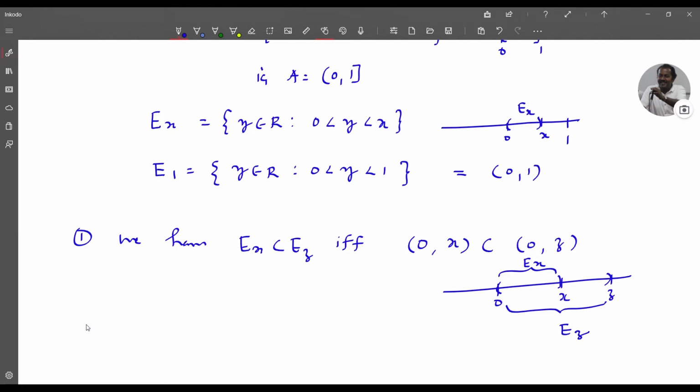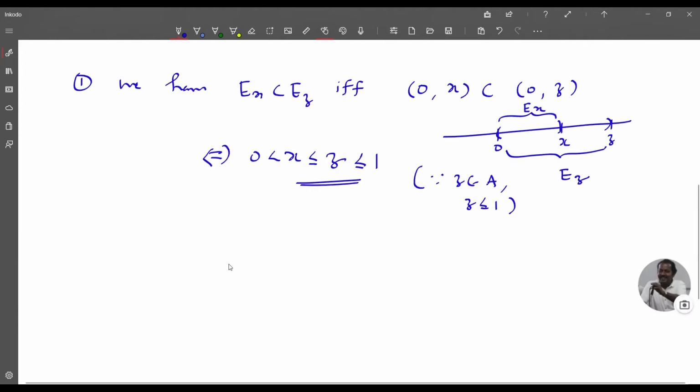So from this you can see that 0 less than x can be less than or equal to z, and you know the maximum value of z is 1. So this is less than or equal to 1 by the definition, since z belongs to A. That is, Ex is contained in Ez if and only if 0 less than x less than or equal to z less than or equal to 1.